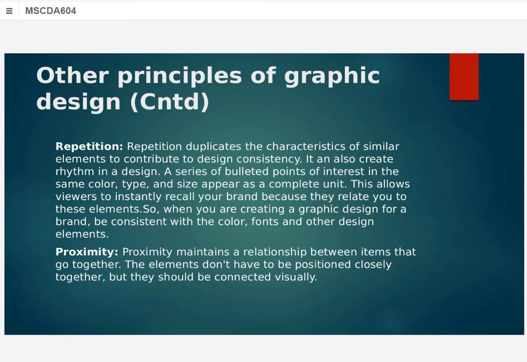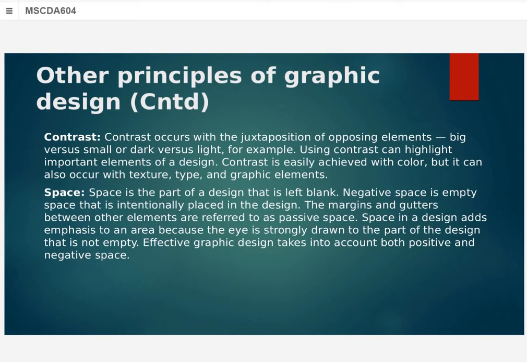So we can also use repetition to create rhythm in a design, and many other applications that we can use it for. Then with contrast and space, we've talked about contrast.